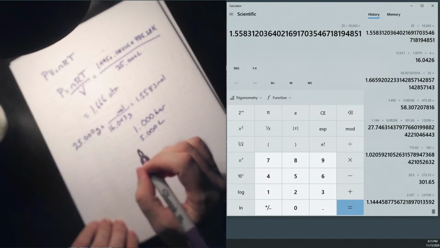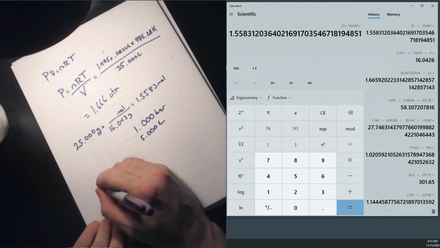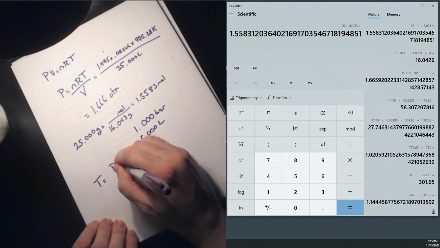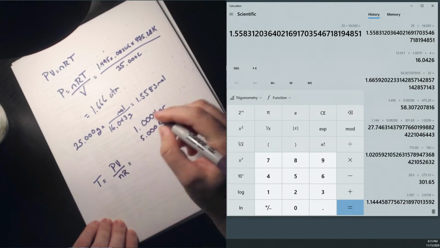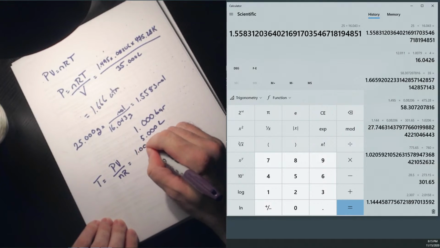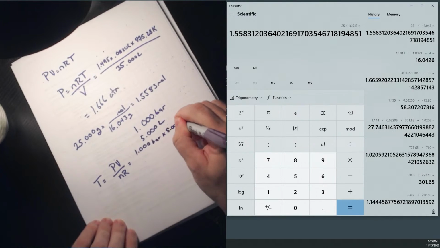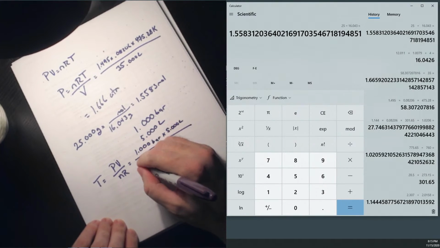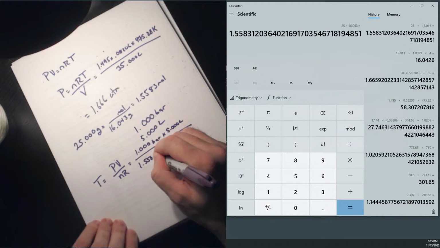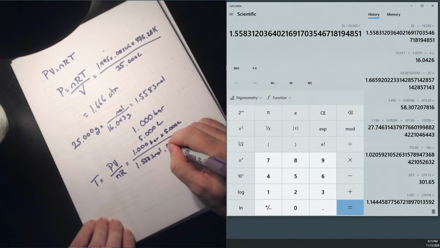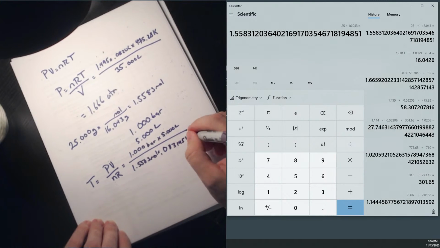So PV equals nRT. This time we're solving for temperature, so T equals PV over nR. So 1 bar times 5 liters, 1.5583 moles, and R is 0.0831451 liter bars per mole Kelvin.